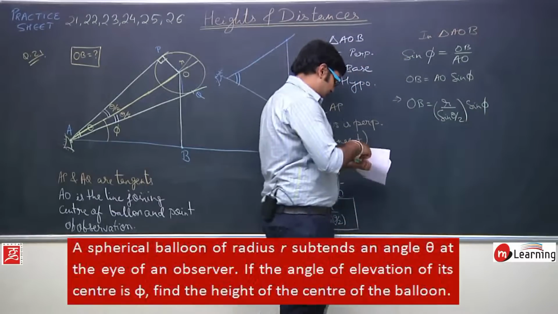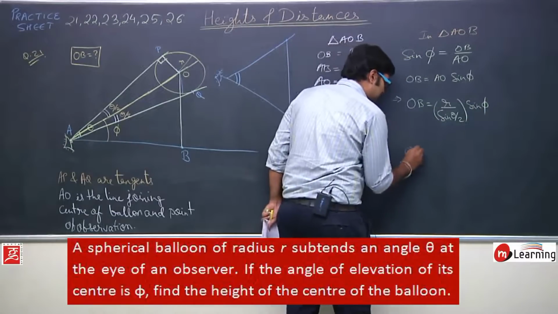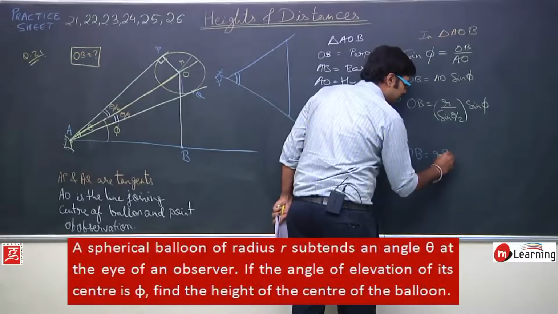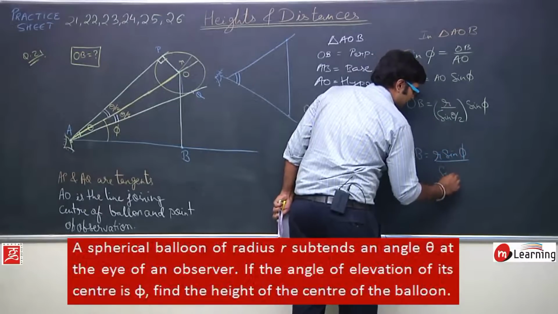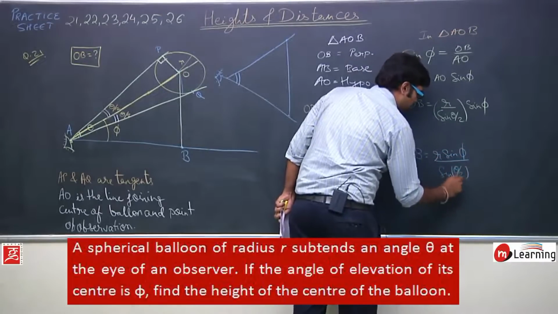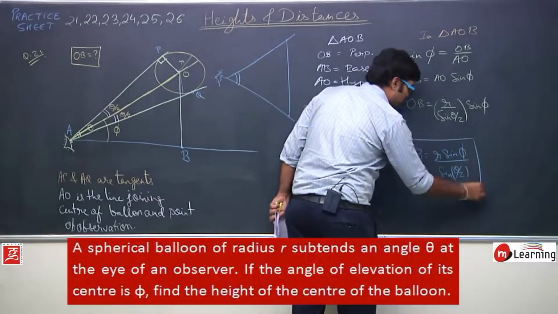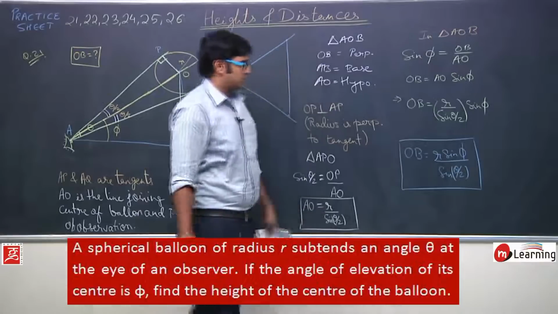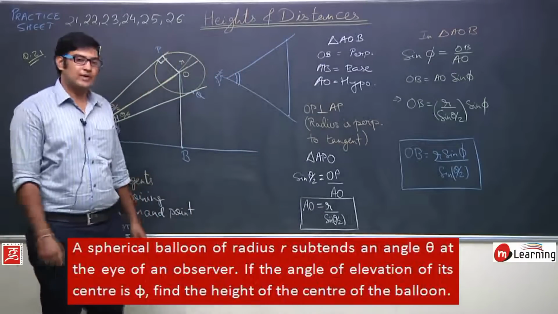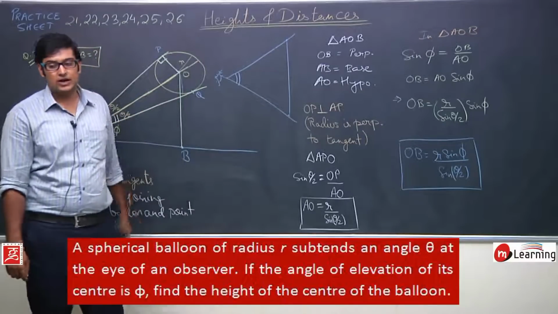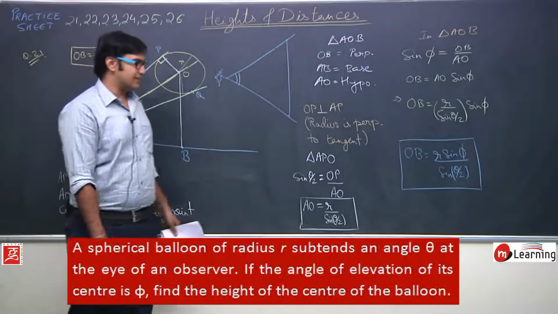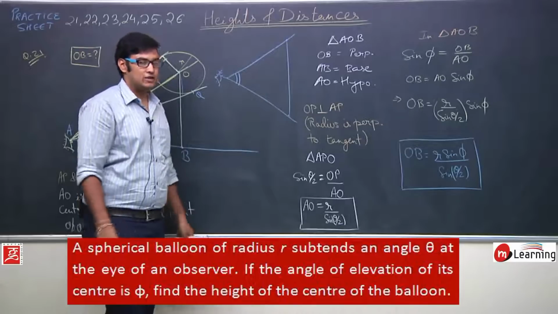So finally I will get the value of OB as R sine phi upon sine theta by 2. This is the value of OB, that is the height of the center of the balloon from the ground level, that is R sine phi upon sine theta by 2.